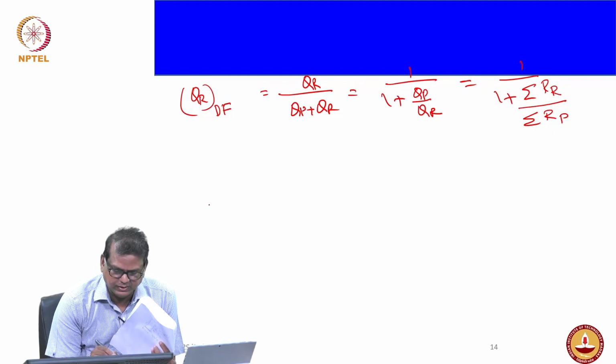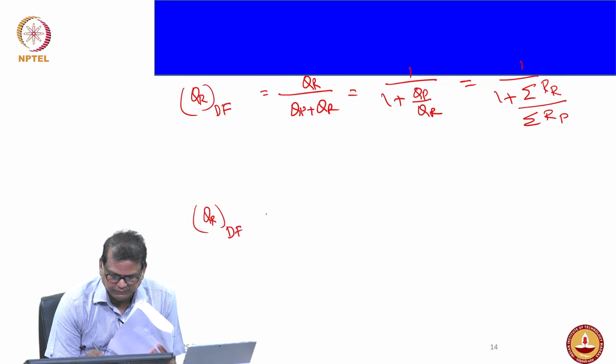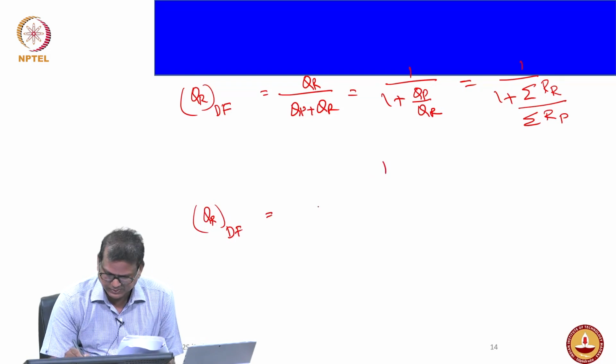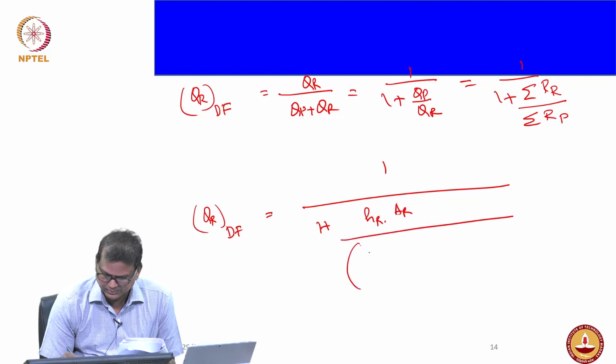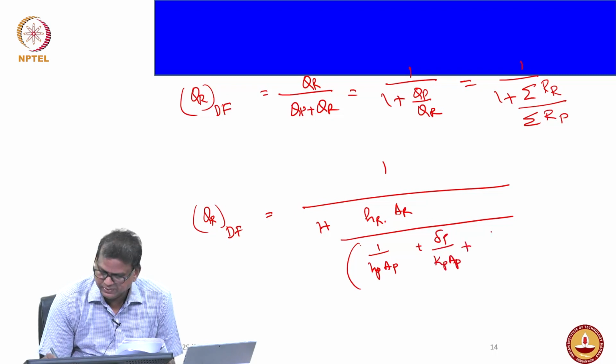So we are going to write the QR distribution factor dF equal to 1 by 1 plus HR AR divided by 1 by HP AP plus delta P by Kp AP plus delta S by Ks AP.